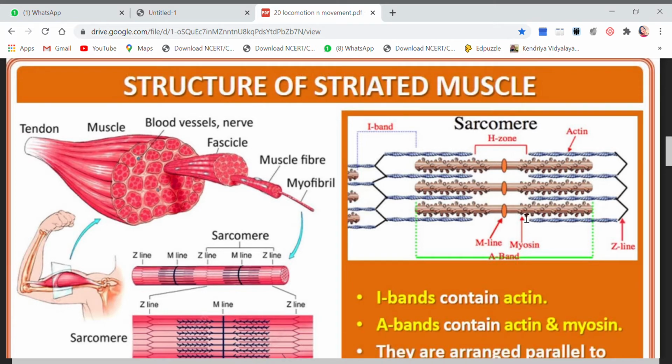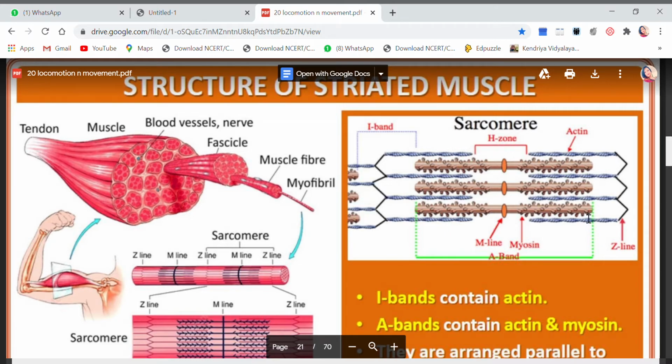So the A band contains both actin and myosin. This green line represents the A band. So from here till here it is the A band, and it has both myosin and actin. You can see both are included here in the A band. A part of actin is also here, a part of myosin is also included here.